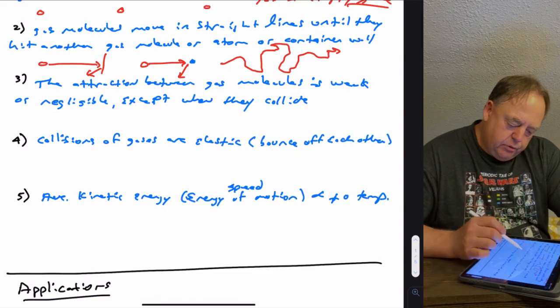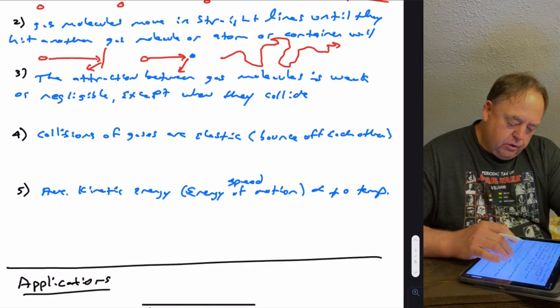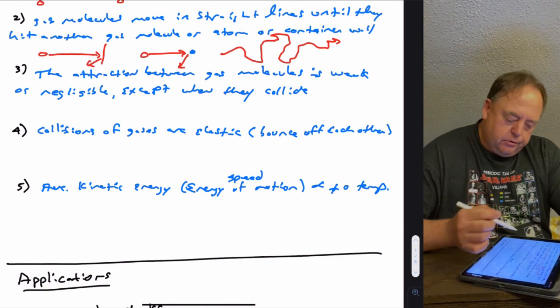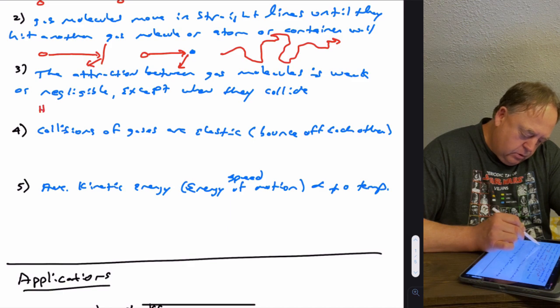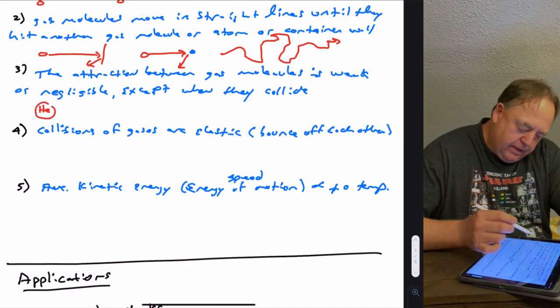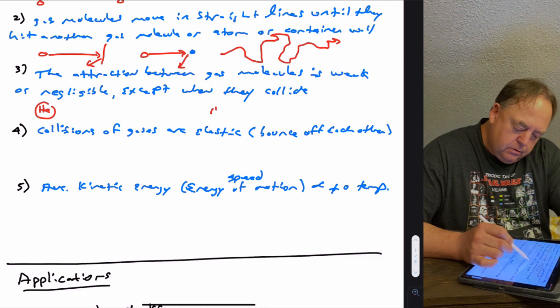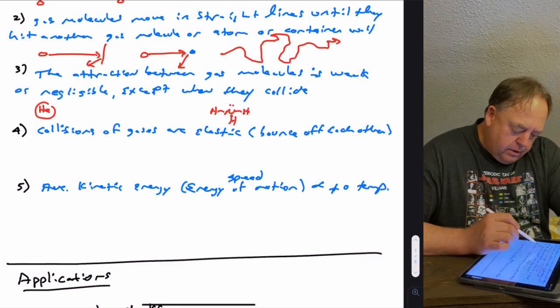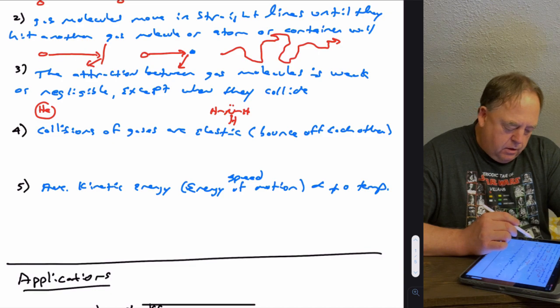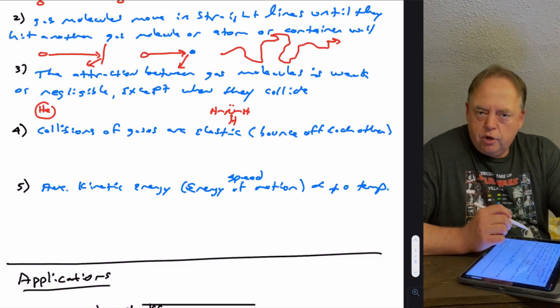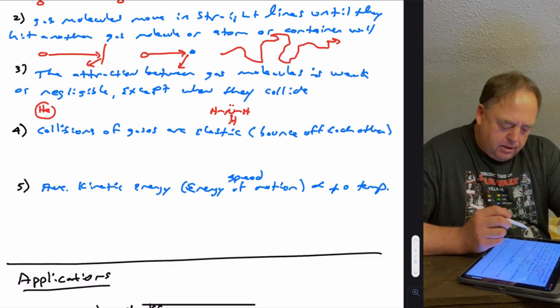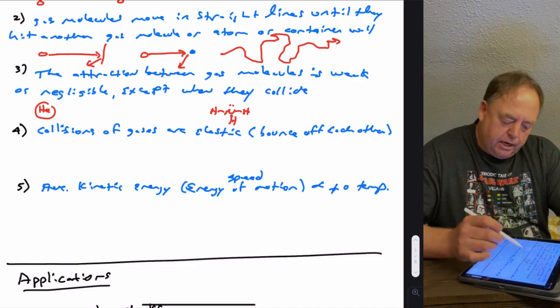The attraction between gas molecules is weak or negligible, except for when they combine or when they collide. Again, some gases follow this better than others. If we look at the example from before, helium versus ammonia: helium atoms have very little attraction to other helium atoms, because they only experience van der Waals attractions.